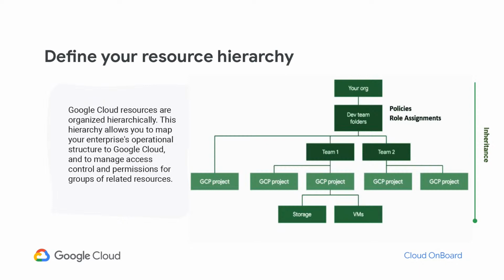You can use folders to isolate the requirements for different departments and teams. You can use those folders to separate resources, maybe production resources or development resources. And finally, we have projects, which contain resources like storage and networking resources, which constitute your application.